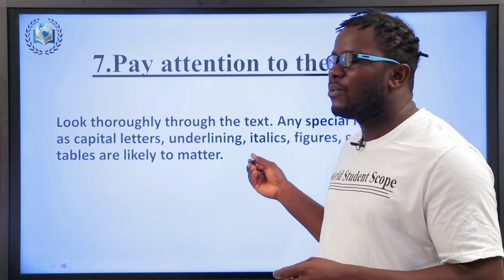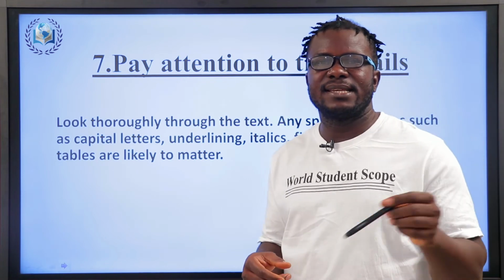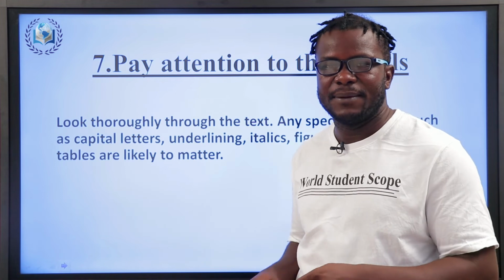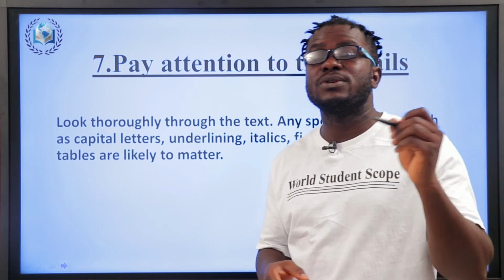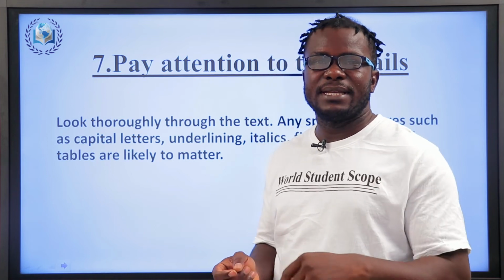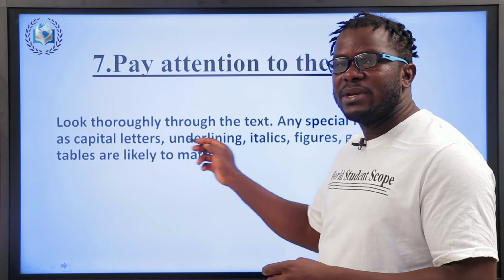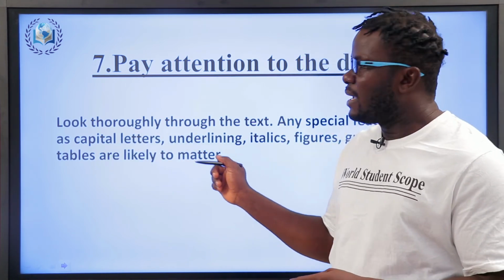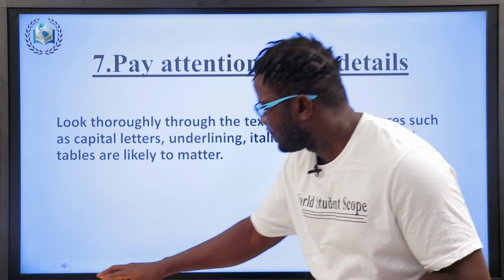Sometimes words are underlined, words are capitalized, places, city, airport, and various things, even the name of a person. So pay attention to the keywords. It refers to paying attention to the details, because those are the details that you need to pay attention to. Because after reading the passage, those details will come in the questions. And when you pay attention to those details, you will definitely get your answer right.